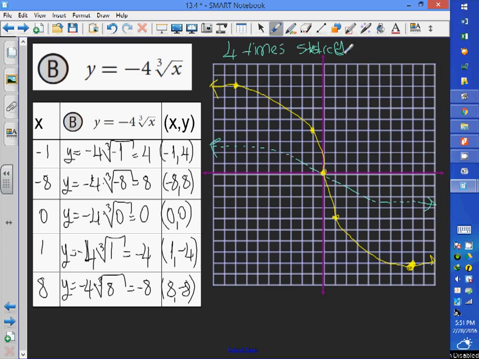I couldn't write it very well. 4 times stretched. So domain and range are the same. It's positive infinity to negative infinity for both.